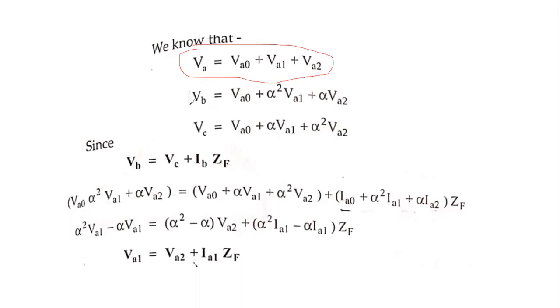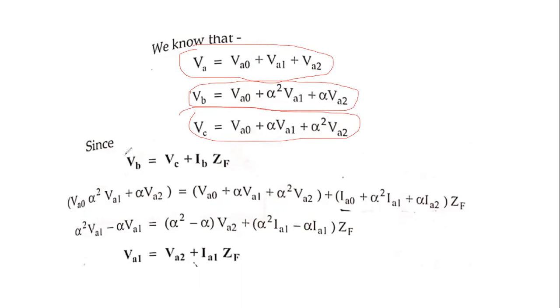Similarly, VC is equal to VA naught plus alpha VA1 plus alpha square VA2. These are the voltages at A phase, B phase and C phase.